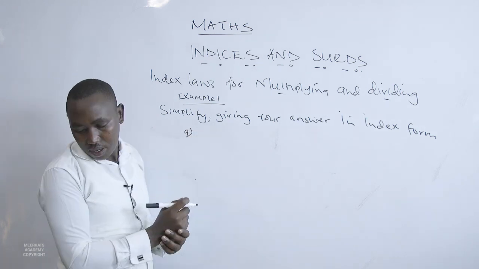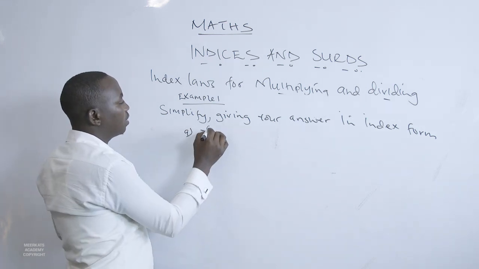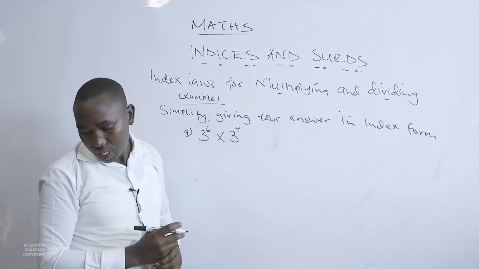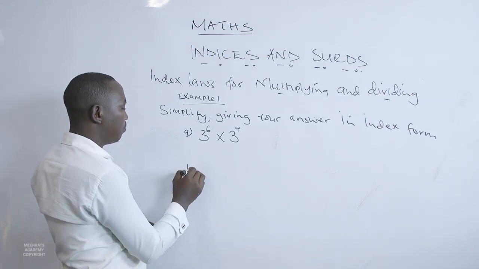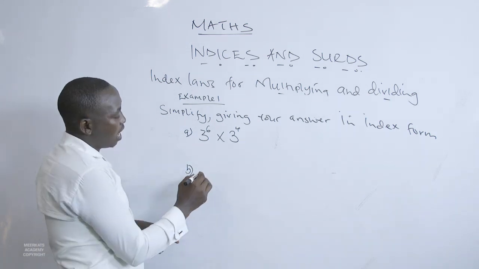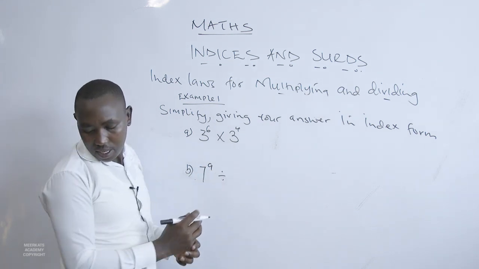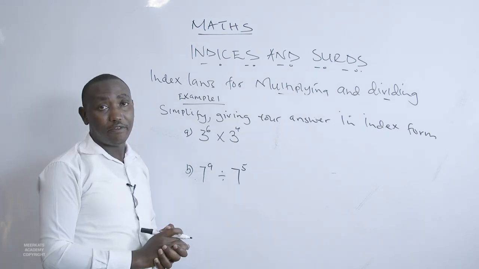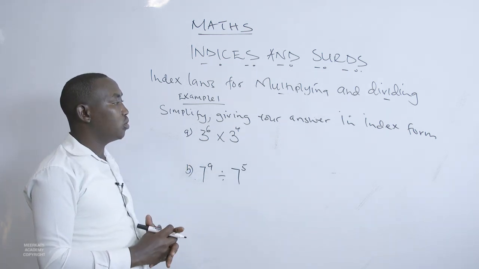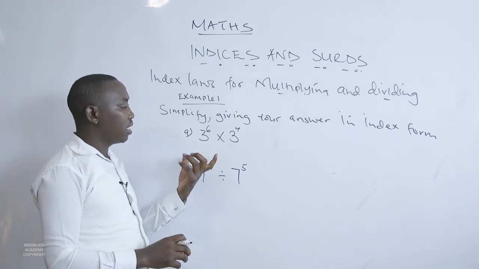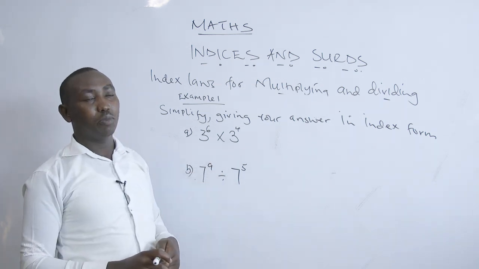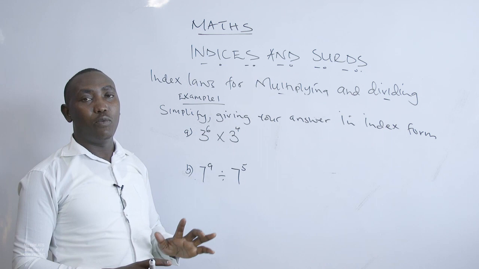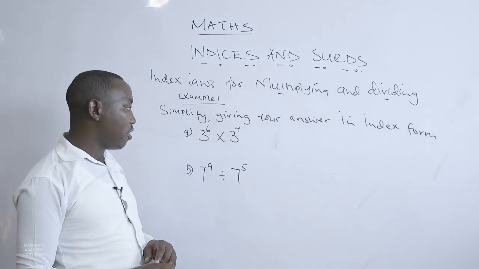Part A, we have 3 raised to 6 multiplied by 3 raised to 4, and B, we have 7 raised to 9 divided by 7 raised to 5. So these two are questions in the expanded form. We are supposed to simplify them, and give our answers in index form.